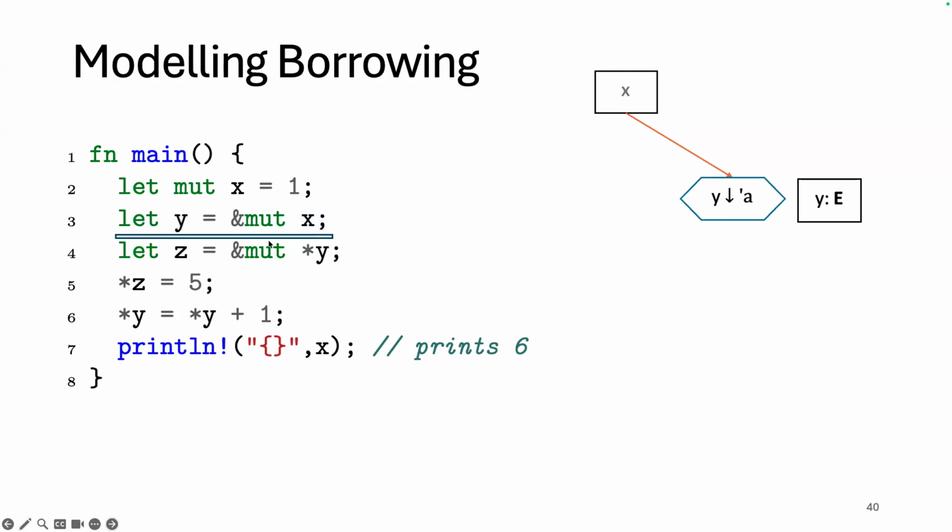At the next stage, there's then a reorganization step. So here, the PCG needs to determine if this edge should be moved, if the capability should be moved back into X. And the way it makes this determination is actually by querying the borrow checker. What it queries is whether or not Y contains any borrows that are going to be used later.